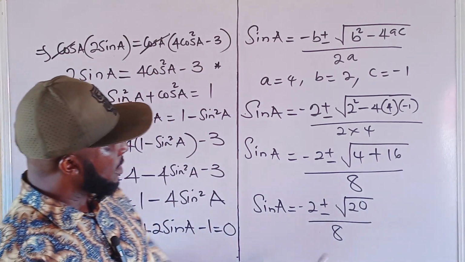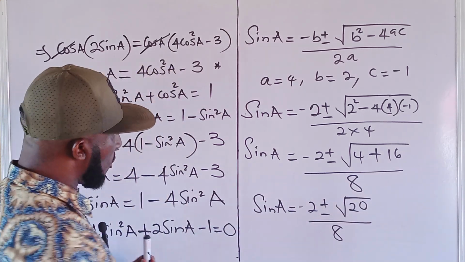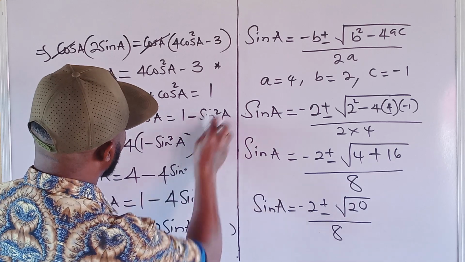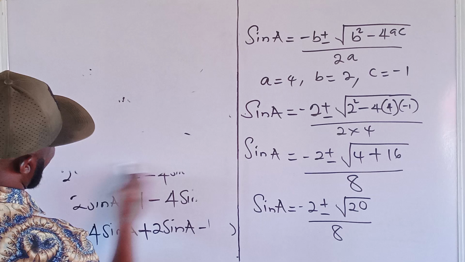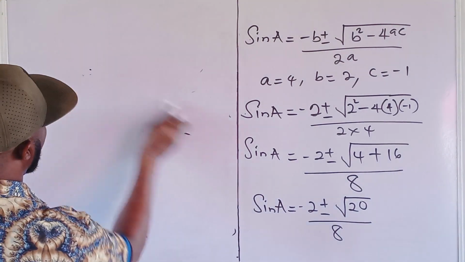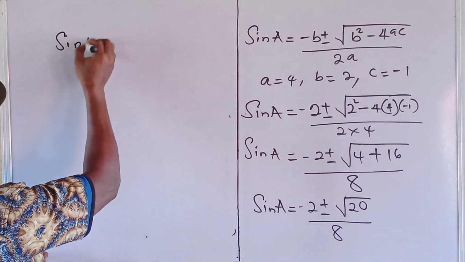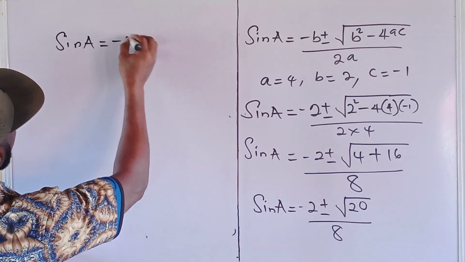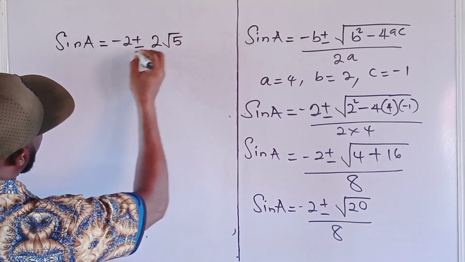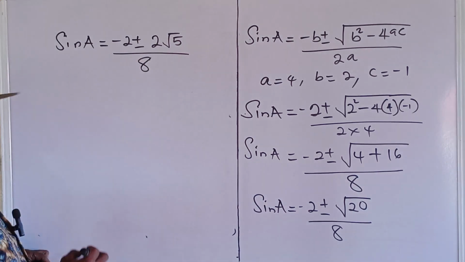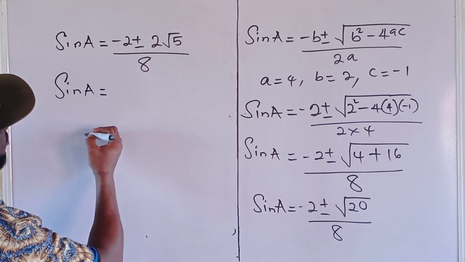Now, the square root of 20 is the same as the square root of 4 multiplied by the square root of 5. So the sine of angle A will then be negative 2 plus or minus, the square root of 4 is 2, that will be 2 root 5, all upon 8. Now I can actually factor out 2.